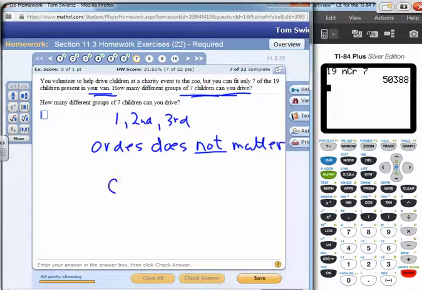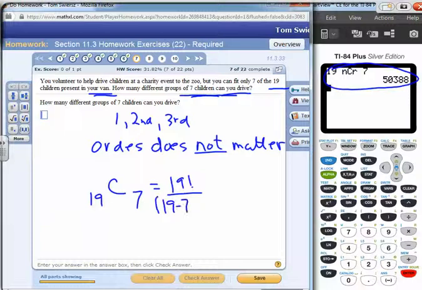So it's a combination. And we have 19 as the total number of children, and we're fitting only 7, so 19C7, which is exactly the same answer from the same numbers as the previous problem. You probably won't have the same numbers, but again, it was 19 factorial divided by 19 minus 7 factorial times 7 factorial.